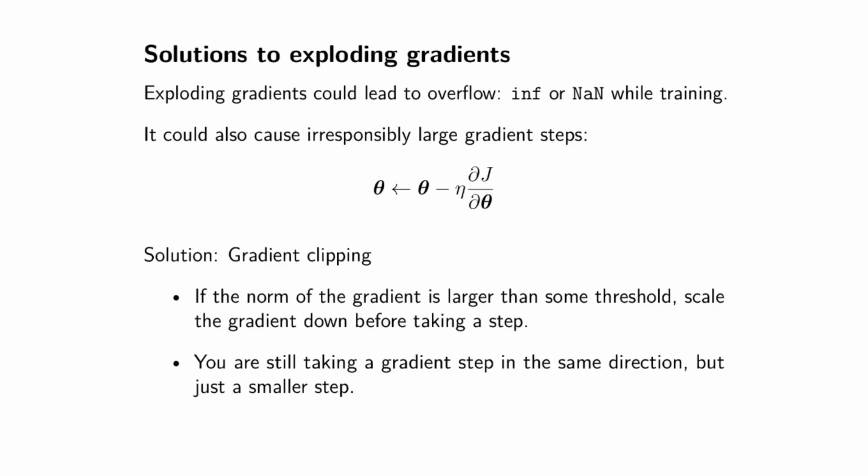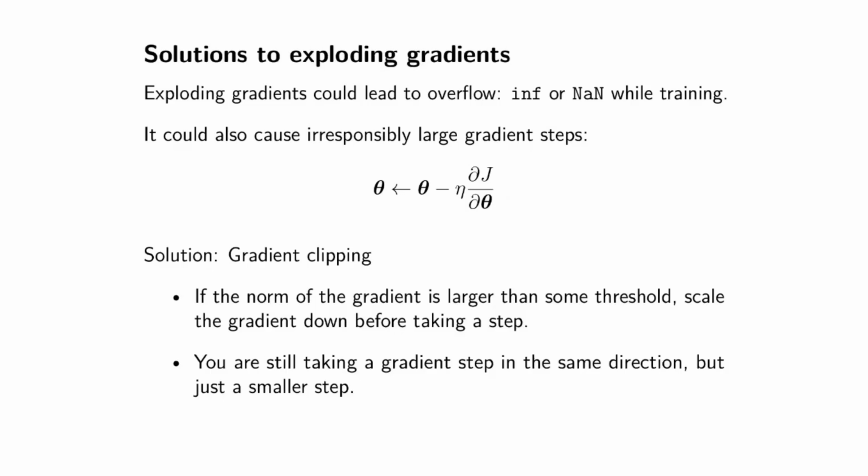So the solution to this: limit your gradients. You can implement something called gradient clipping. What gradient clipping does is it looks at the norm of the gradients, and if that's larger than some threshold, then it just scales the gradient down to have a norm that's equal to that threshold. So you're basically going to squash the size of the gradient so that it's more reasonable.